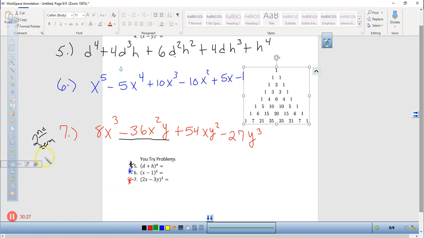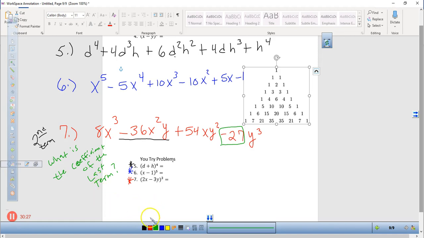They could ask me, what is the coefficient of the last term? Okay, that is just this negative 27.